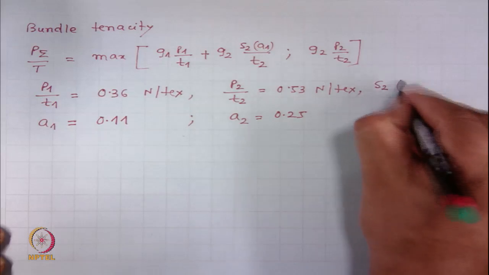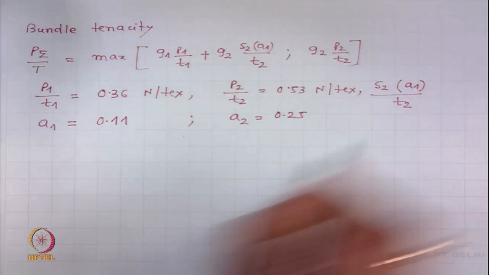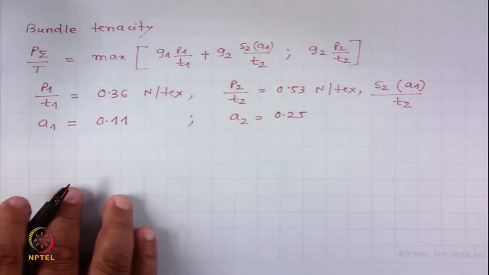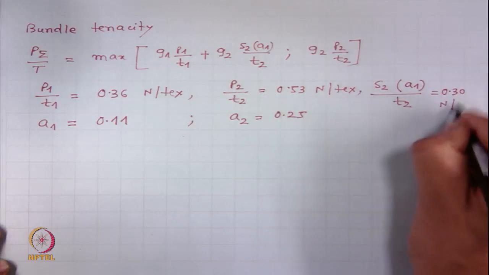So, S2 at A1 by T2 is given as 0.3 Newton per tex.